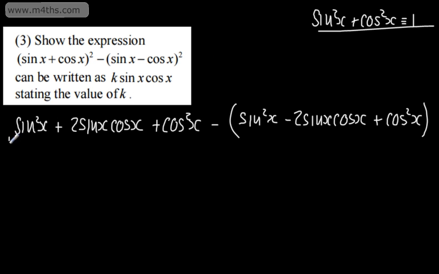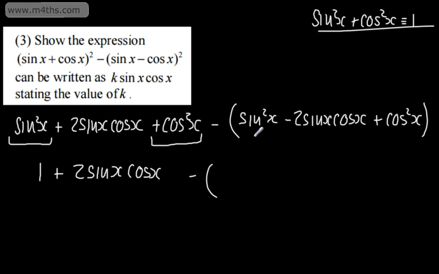So what we've got here now is sine squared x plus cos squared x. So this is going to give me 1 plus 2 sine x cos x. And we're going to subtract from that, since we've got sine squared x plus cos squared x, 1 minus the 2 sine x cos x.